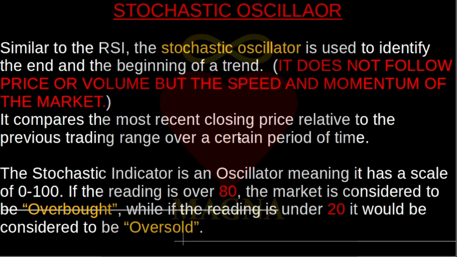It compares the most recent closing price relative to the previous trading range over a certain period of time. The stochastic indicator is an oscillator, meaning it has a scale of 0 to 100. If the reading is over 80, the market is considered to be overbought, while if the reading is under 20, it would be considered to be oversold.